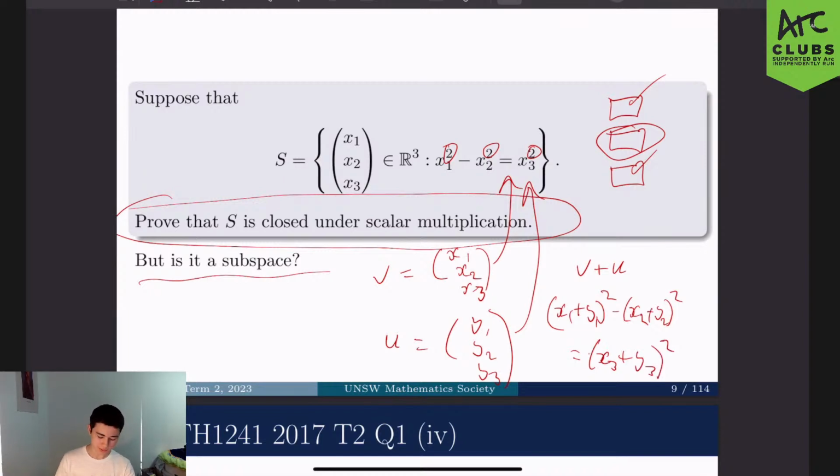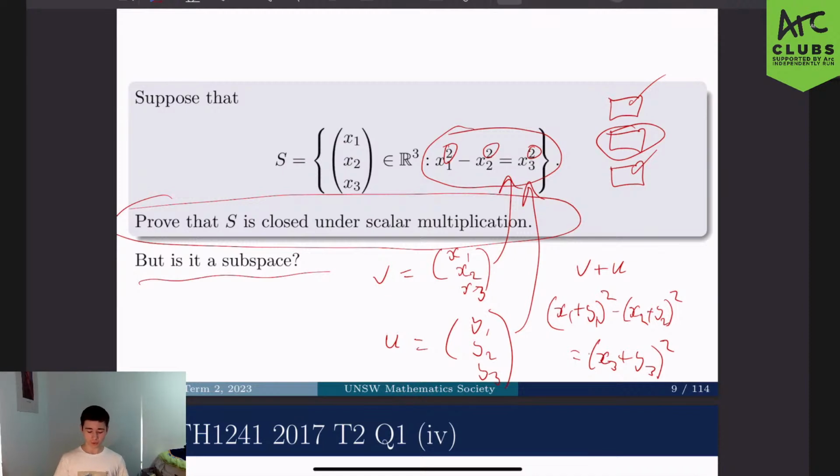Very clearly from this, we can see that when we break down all of these squares, our (x1 + y1) becomes x1 squared plus y1 squared plus 2 lots of x1y1. We can cross out our x1 squared and y1 squared in each of the terms, because those are just our conditions for those u and v vectors being in this subset.